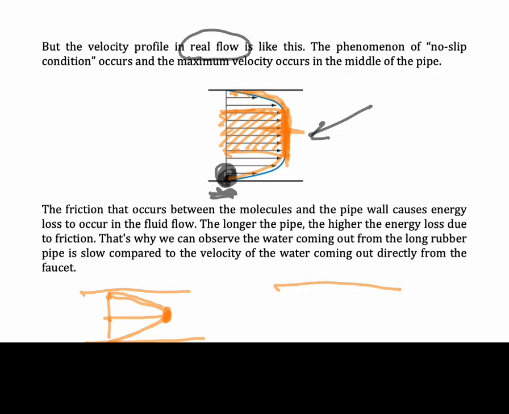If your diameter is very large, the velocity profile increases at the starting point, then it becomes constant, and then it goes to 0 like this.